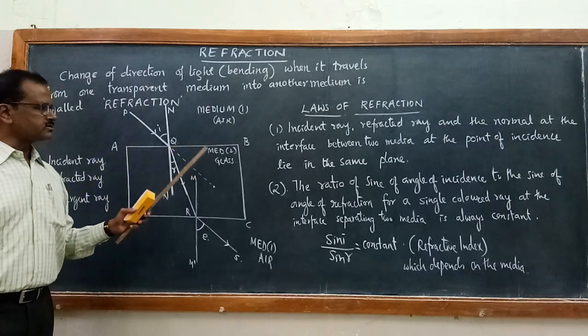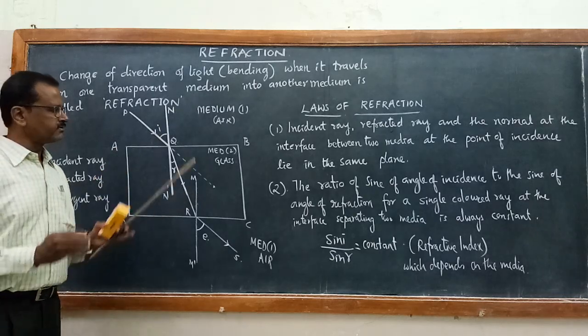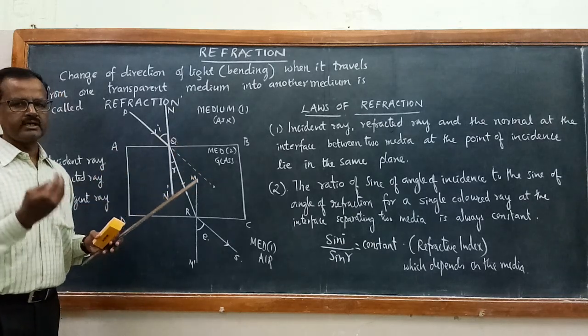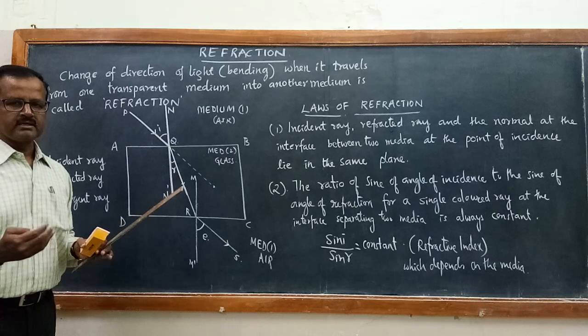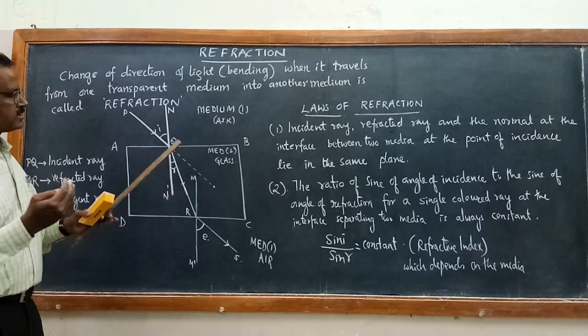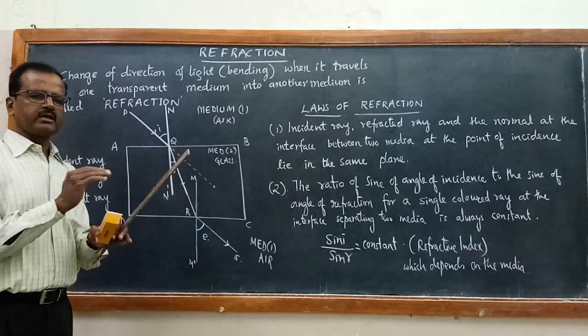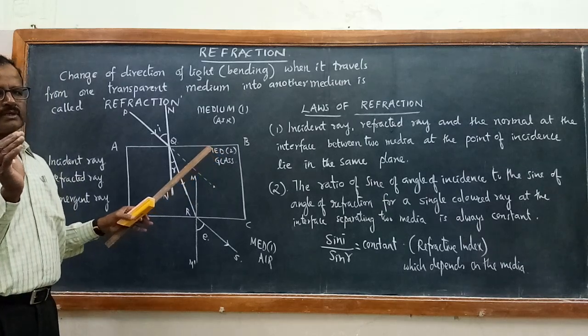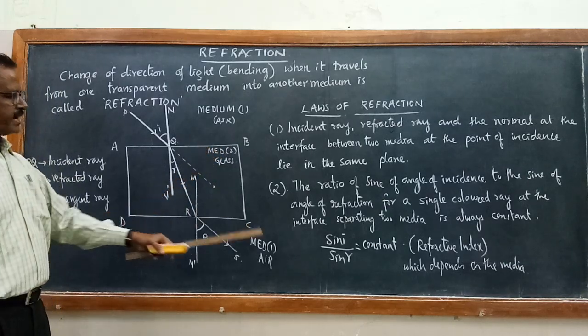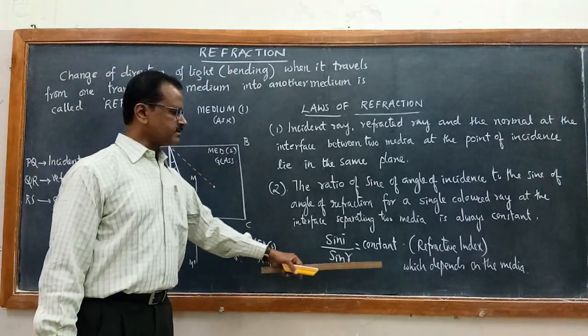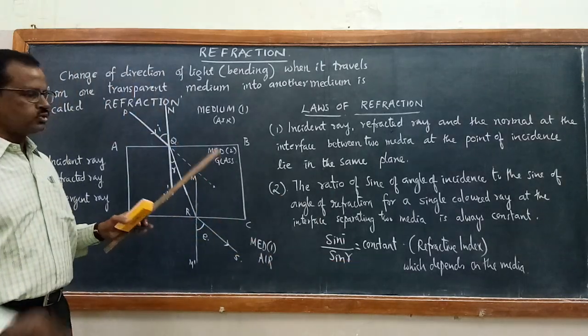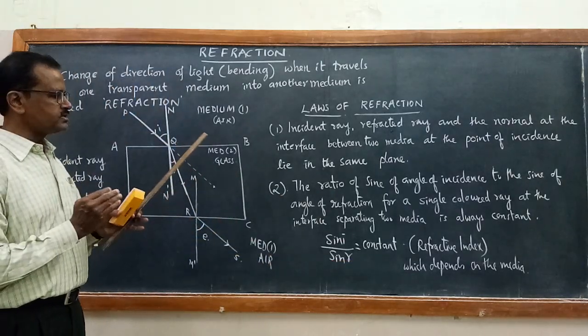Similarly, suppose you take water, refractive index of water with respect to air is 1.33. If you calculate the refractive index of glass with respect to water, it is different again. So refractive index is the property of these two media.